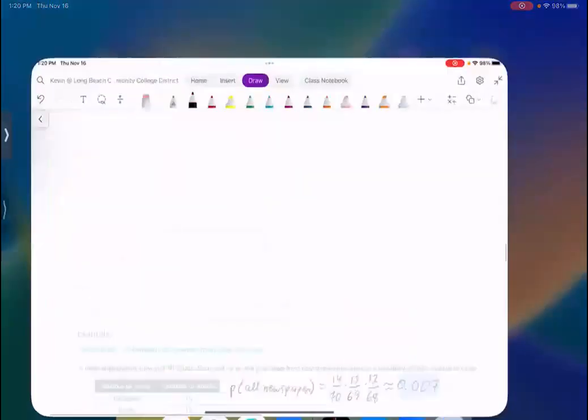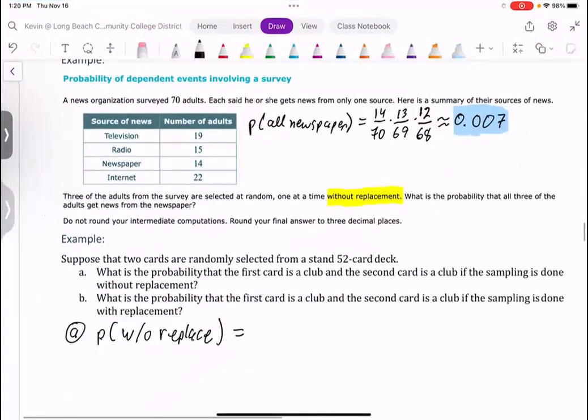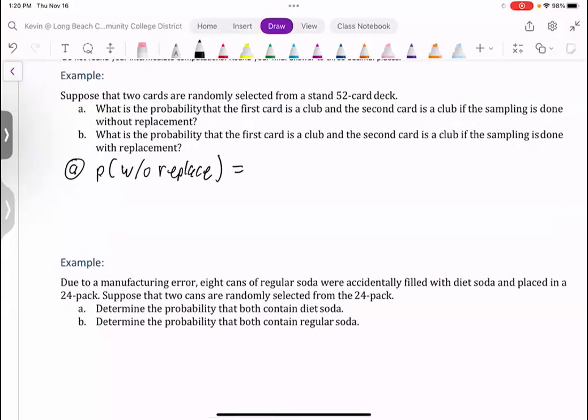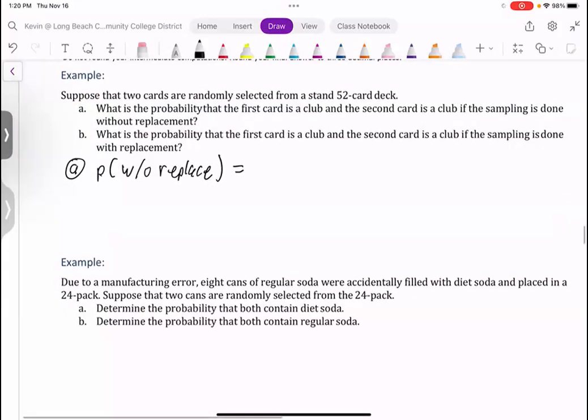Sorry about that. Without replacement. So how many clubs are there? There are 13 clubs out of the 52 cards. But once we've taken one out, there's only 12 left out of the 51 cards. This is where the no replacement comes in.